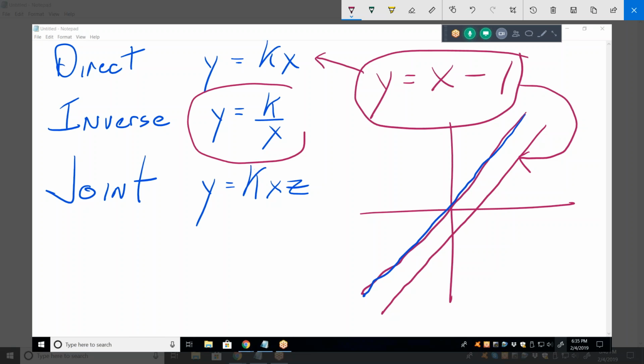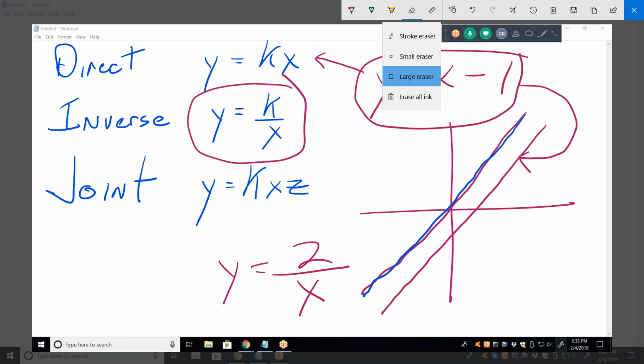Notice how that's different. In the inverse relationship, when x goes up, y goes down. If I have y equals 2 over x, if I increase x, y gets smaller. Okay. If I decrease x, y gets bigger. So that's the primary difference you have to pay attention to.